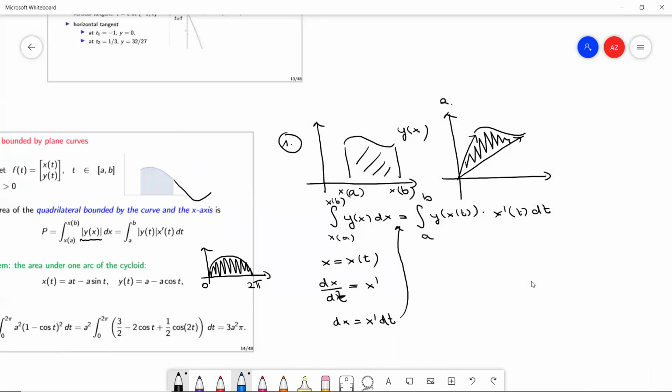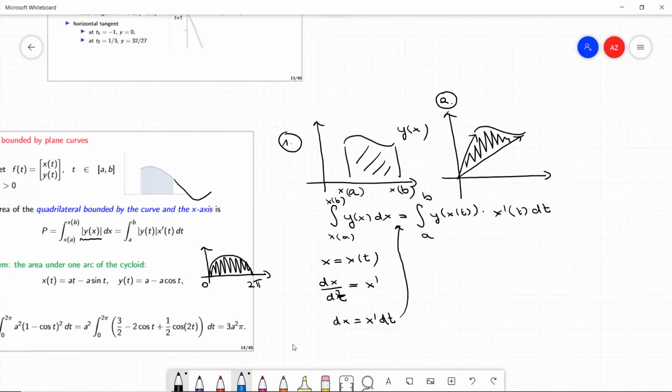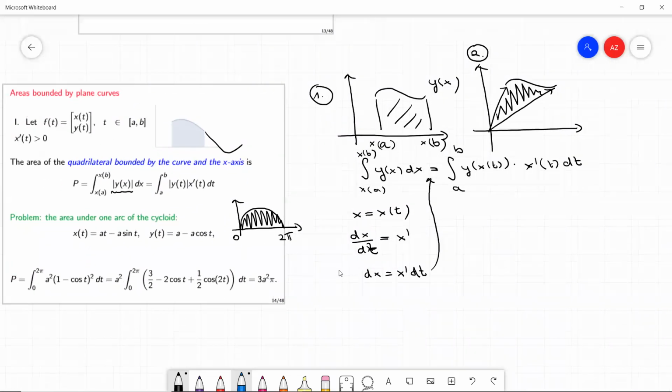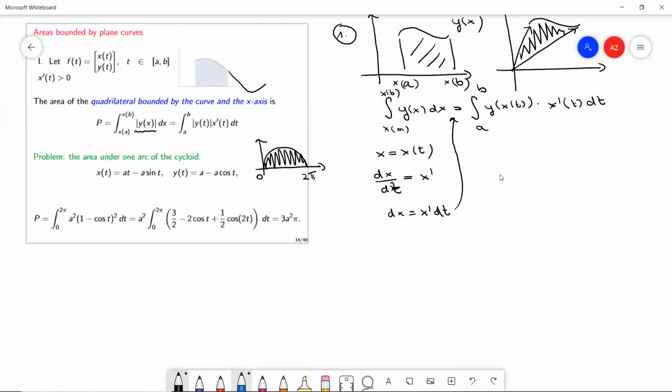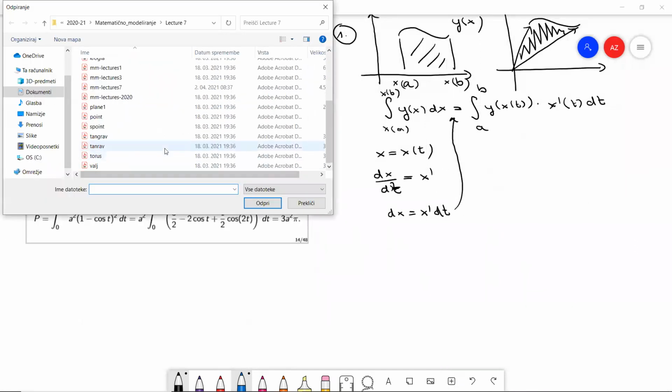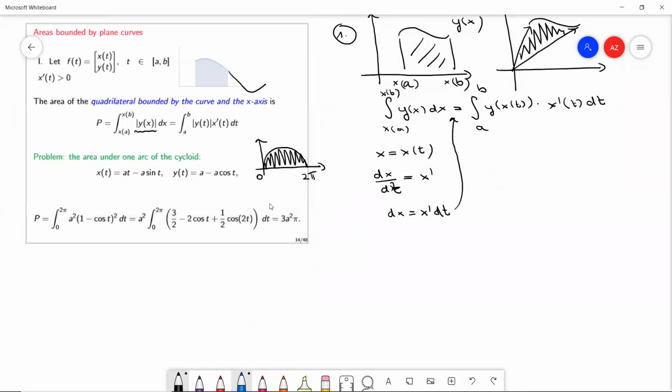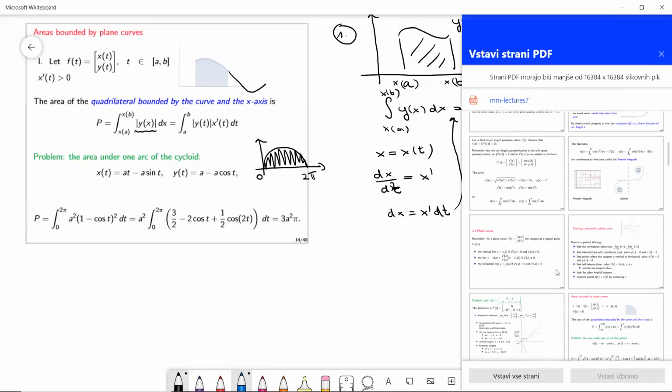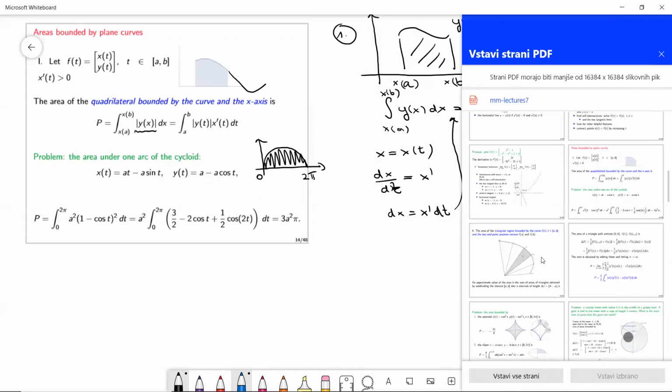And now the second possibility. You probably remember from analysis that there was a formula for calculating this area too. Let's recall this formula and see why it is appropriate. So it's that one.